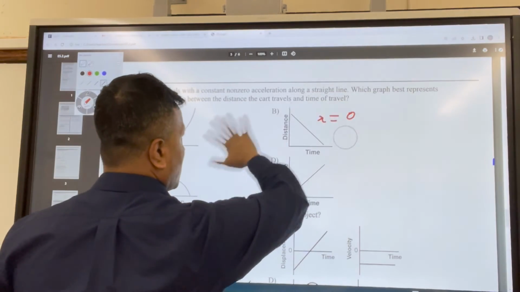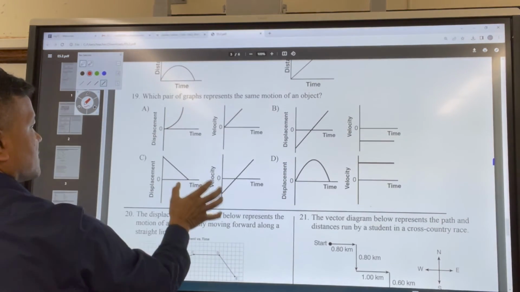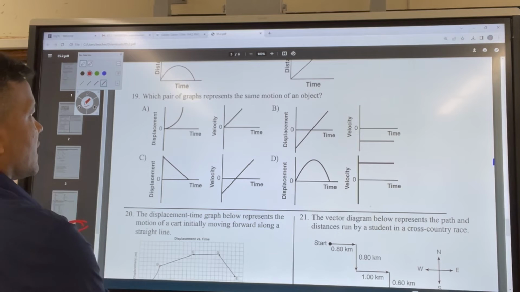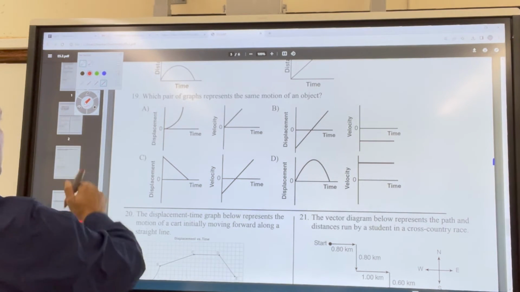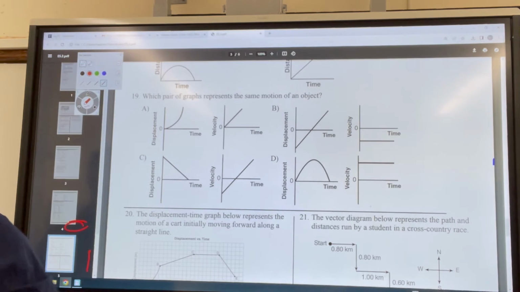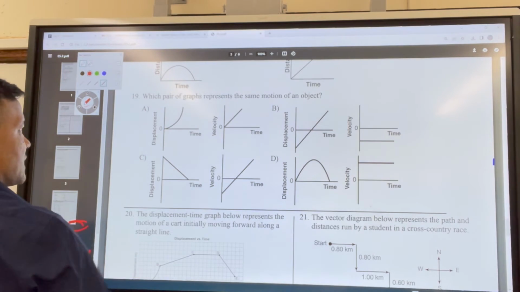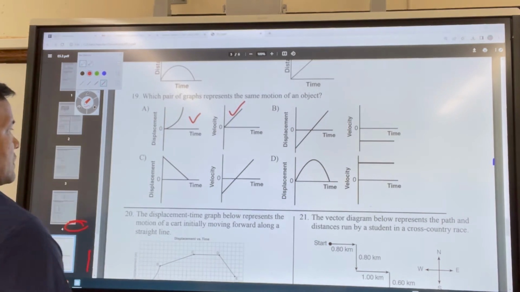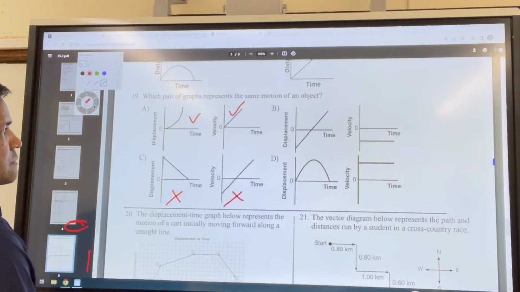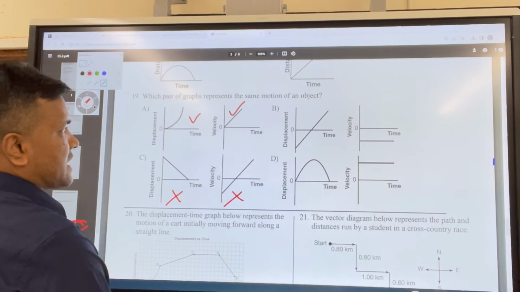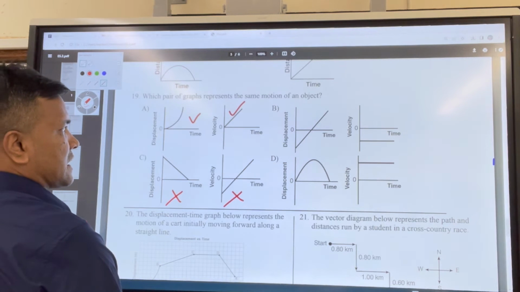All right, 19. Which pair of graphs represents the same motion of an object? Now if the displacement is a quadratic, the velocity has to be linear. So this is too good. If the displacement is diagonal, velocity cannot be diagonal.